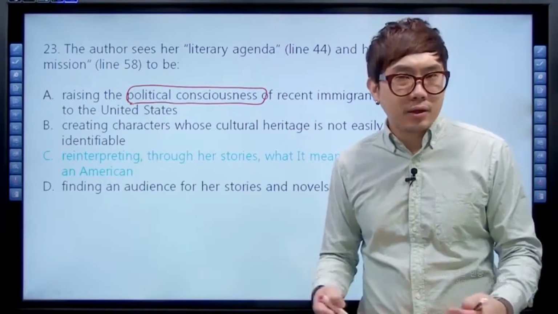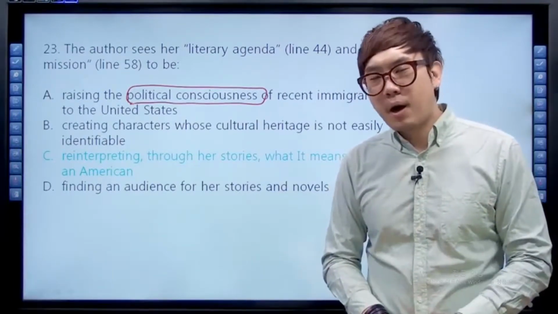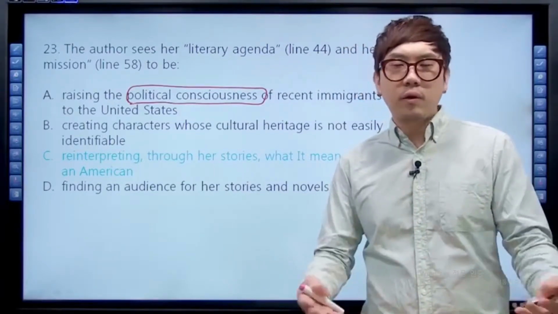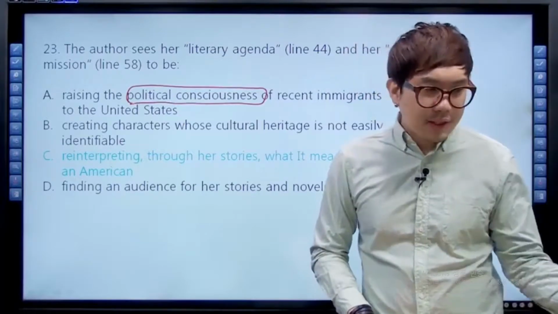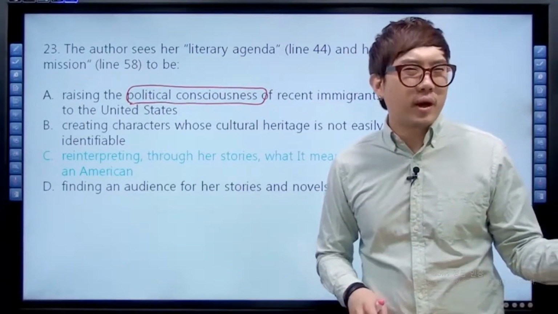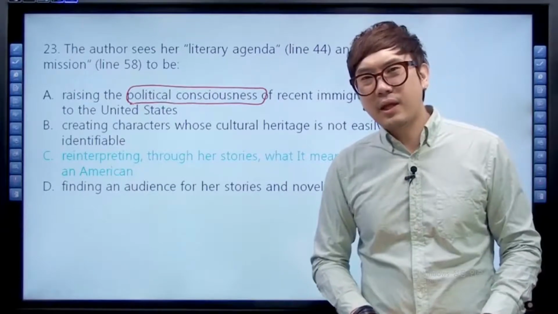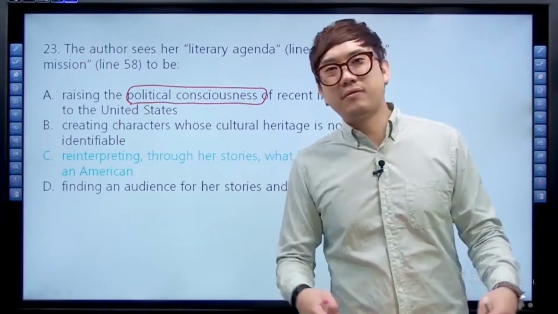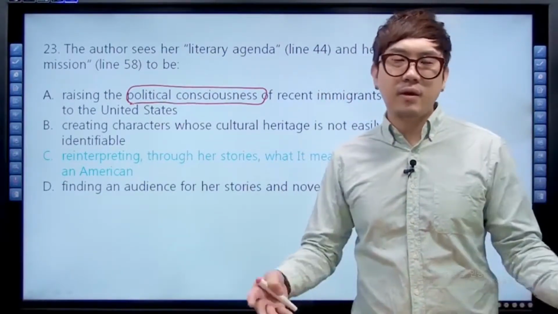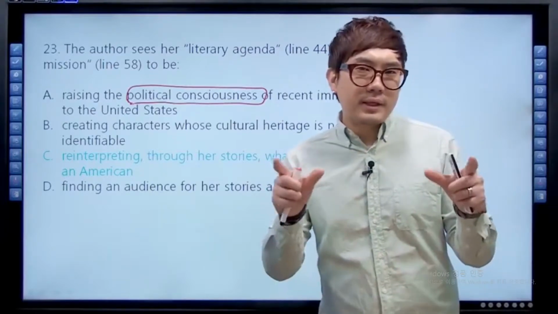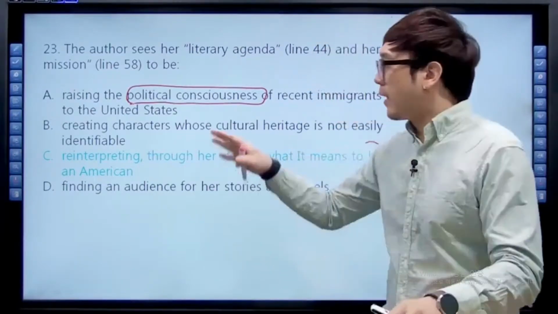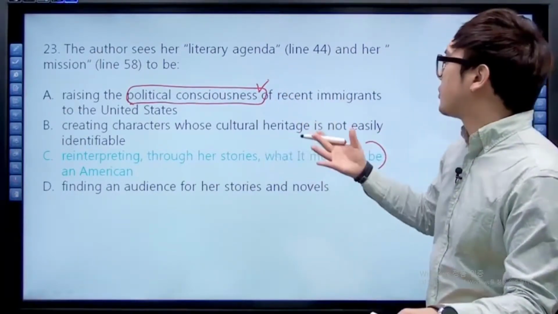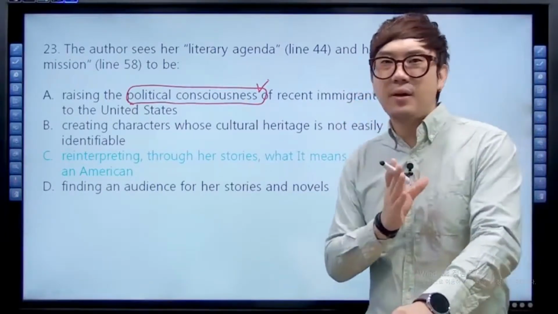The conservatives, the Republicans, are positing that they should be deported because they're taking over the jobs of the Americans. Democrats are sort of agreeing with that idea as well, but Democrats are pretty much saying that we should give them some kind of refuge or some kind of chance to become American. After all, America is a land of dreams and success and whatever. So the ideas are conflicting right now, and this is taking it too far. Her opinion on the political consciousness of the recent immigrants to the States is just not right.